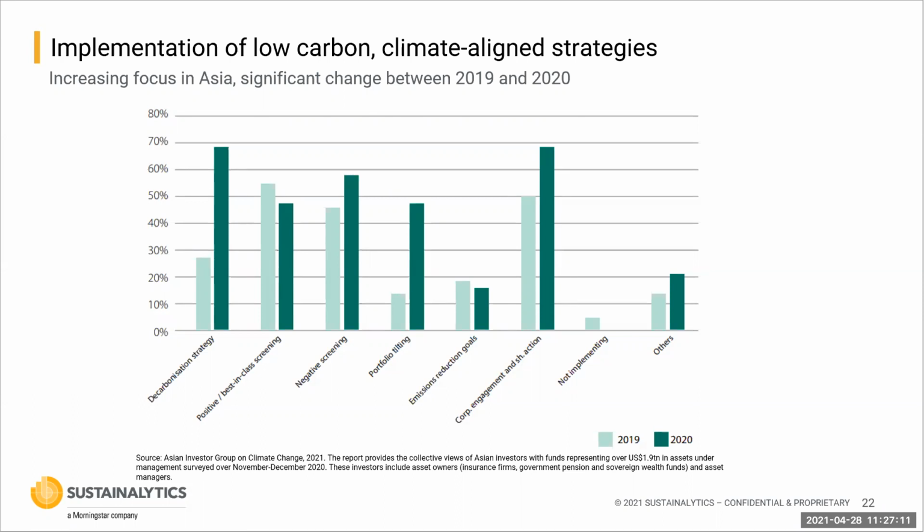Here you see the growth. Portfolio tilting shows a significant jump in interest from just over 10% to close to 50%. Decarbonization strategies rose from under 30% to close to 70%. So there's a lot of action in this space, driven by increasing sophistication from institutions as well as from the retail markets.